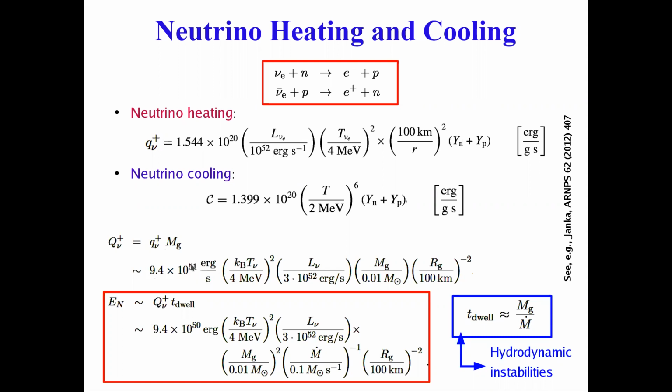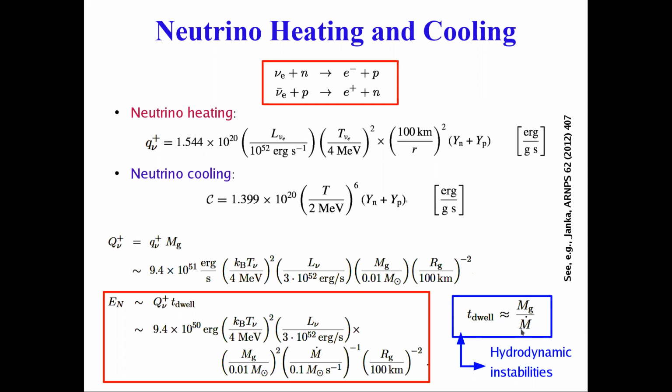So in other words, the energy deposition over fractions of a second would and should be able to launch the explosion. You can then calculate the typical time scale over which material can be heated, which is, from the numerical simulations, the mass in the gain layer and the mass infall rate, which is typically in a steady state.